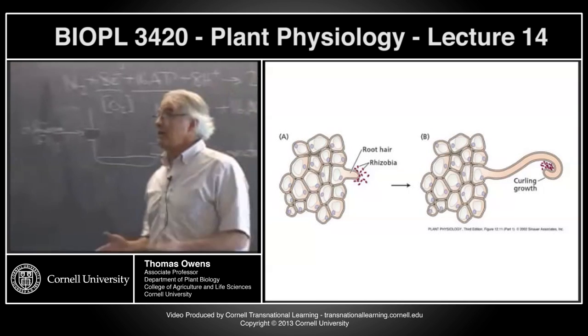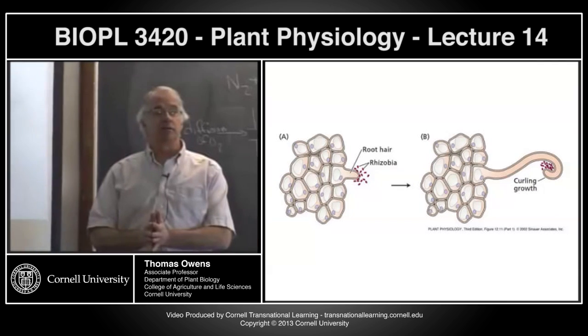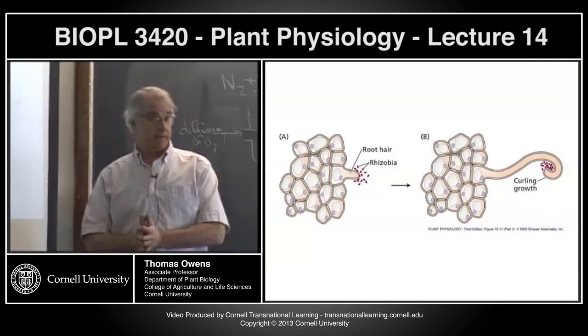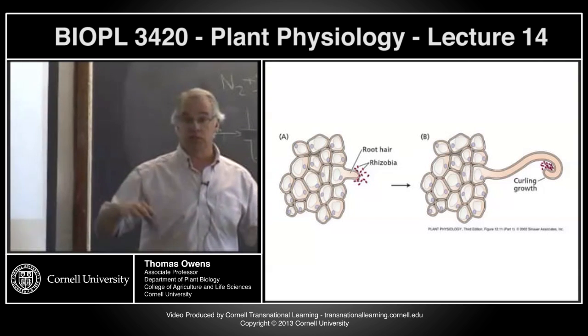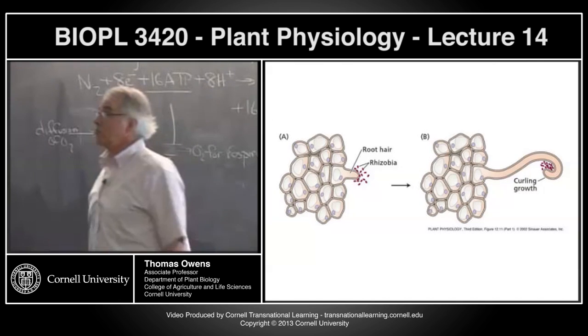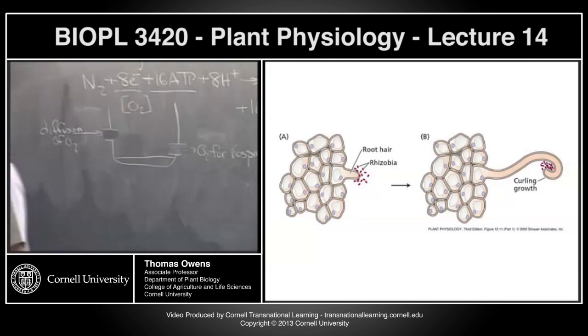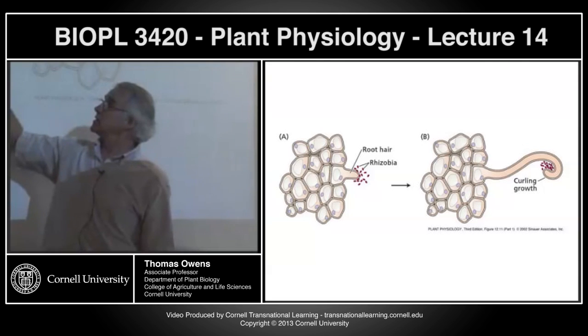Well, we'll see in a couple of lectures that plants produce a lot of compounds that are involved in limiting competition. Plant roots release compounds into the soil in order to keep other plant roots from growing too close. Some of those compounds that are produced are in the category of flavonoids. We'll talk about these in a couple of lectures.